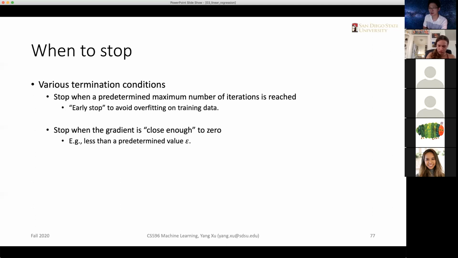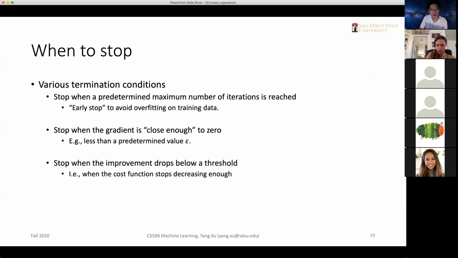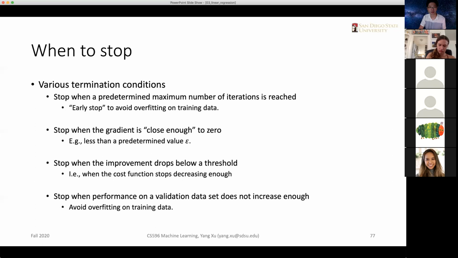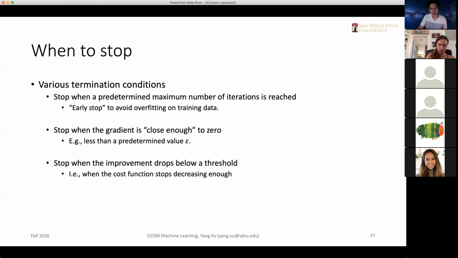So a good sign of reaching a minimal point is that our gradients become smaller and smaller. Whenever we reach a small enough gradient, we can be confident to stop at that point. Or we can stop when the cost function doesn't drop enough. That's also something we can threshold, some standard we can use.